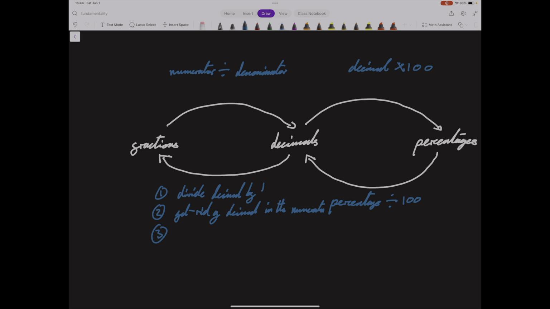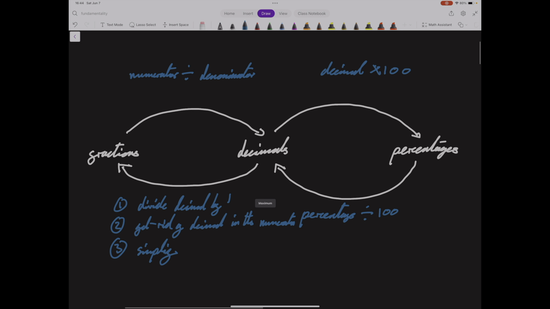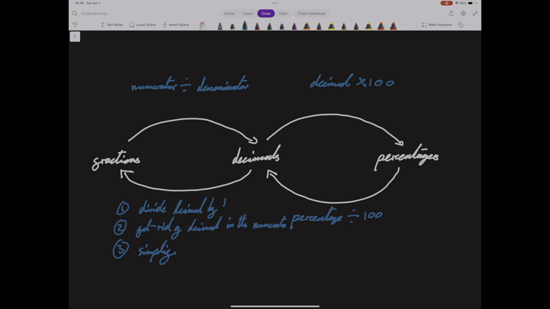Just about. And 3, simplify. So that is your whole process. That is your complete guide on how to convert between fractions, decimals and percentages. But yeah, I can't stress anymore, always go to decimals first.